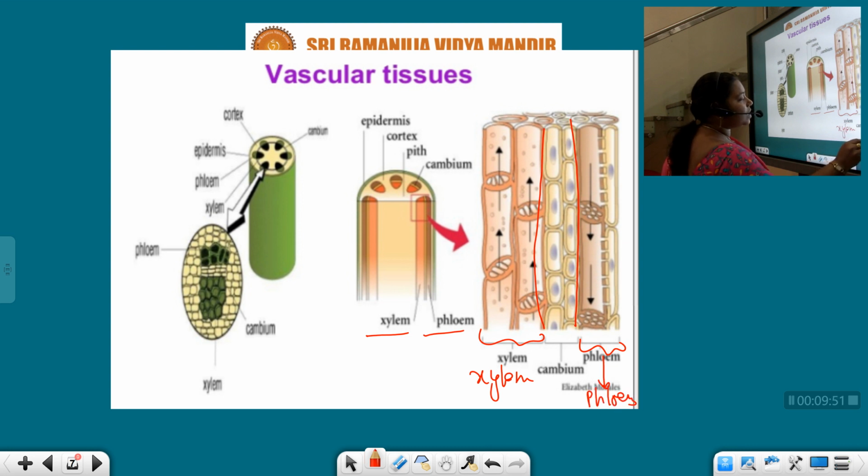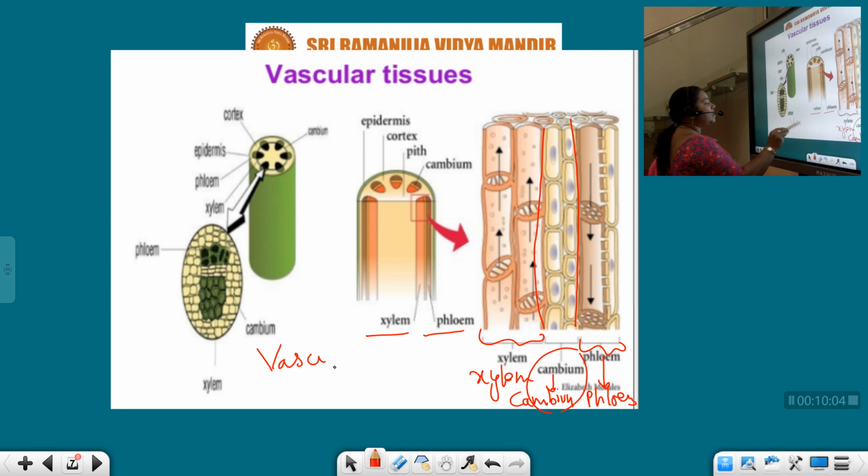At the center, in between the xylem and the phloem, we can see vascular cambium. So both xylem and phloem combine together to form a vascular bundle.